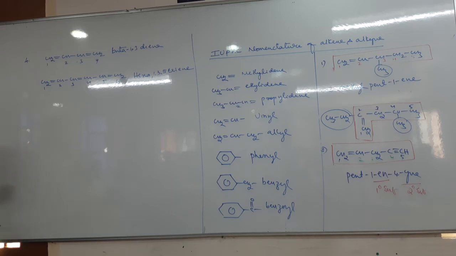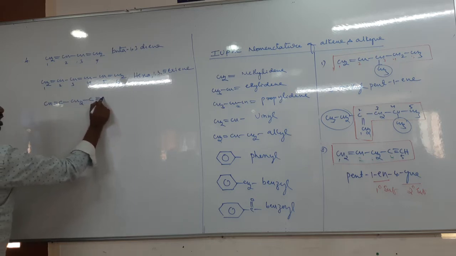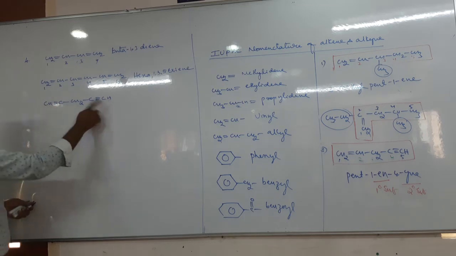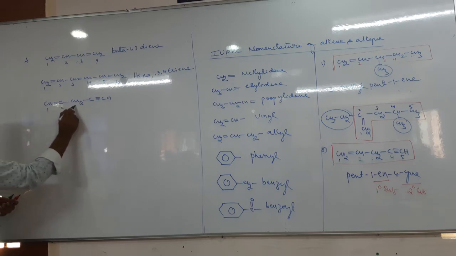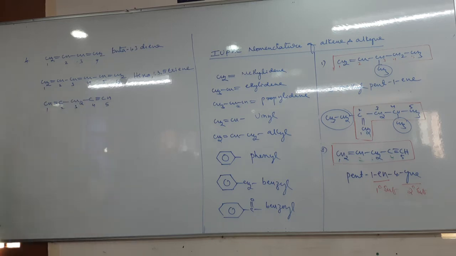Okay. Similarly, if it is alkyne, for example, CH≡C-CH2-C≡CH. 1, 2, 3. It means numbering should be the same from both sides. So what is the IUPAC name?